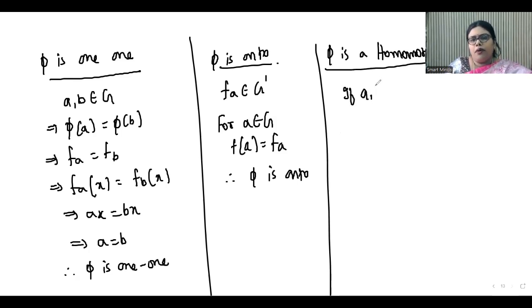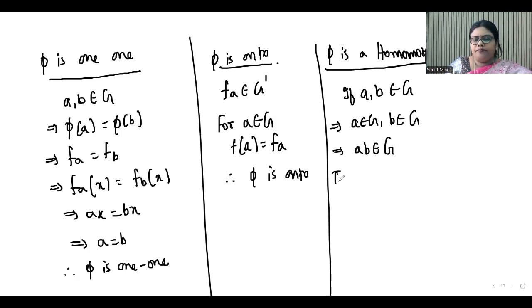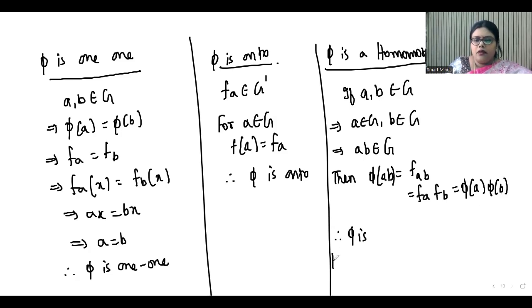Now if A, B belongs to G, which implies A belongs to G, B belongs to G, which implies AB belongs to G. Then phi of AB is equal to FAB. That is equal to FAFB, which is equal to phi of A, phi of B. Therefore, phi is homomorphism. Now you have proved all the three.